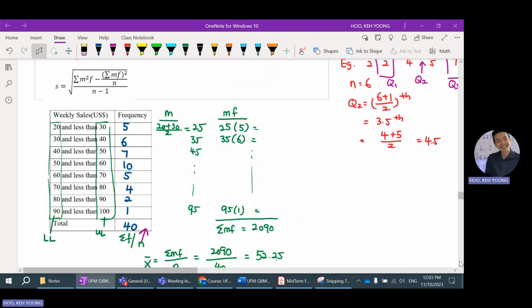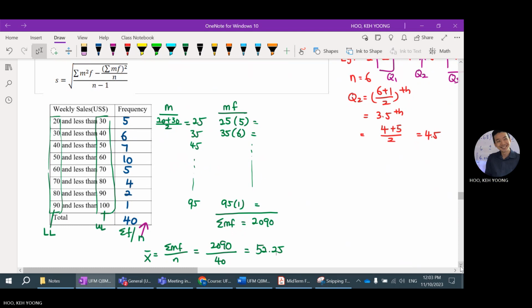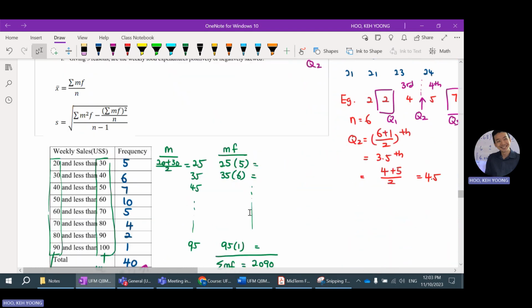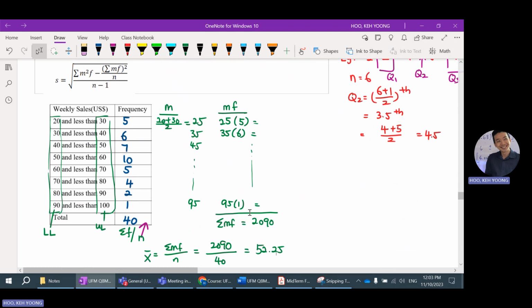Okay, next would be finding the standard deviation. To find the standard deviation, we need the total m square f. We already have the total MF. Next, we need the total m square f, so you need to create another column, m square f.